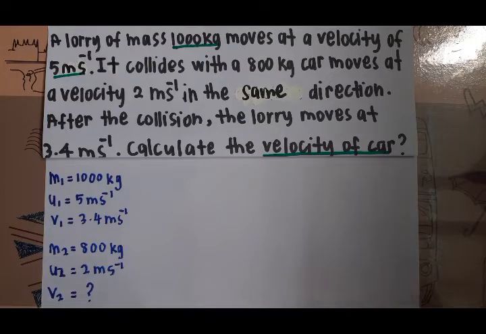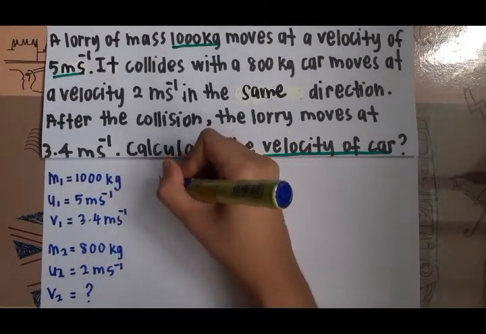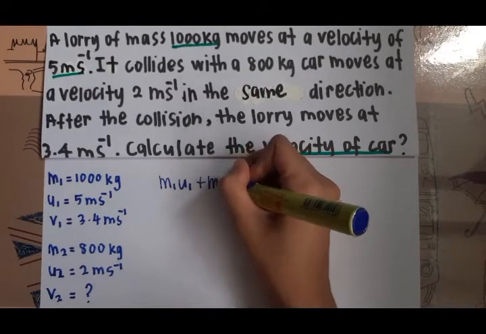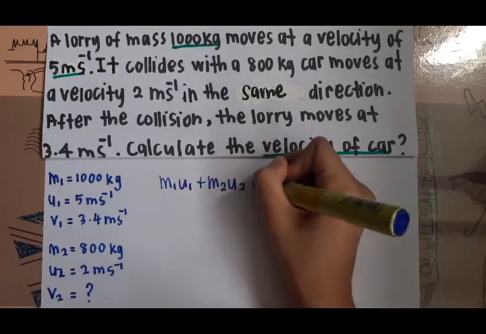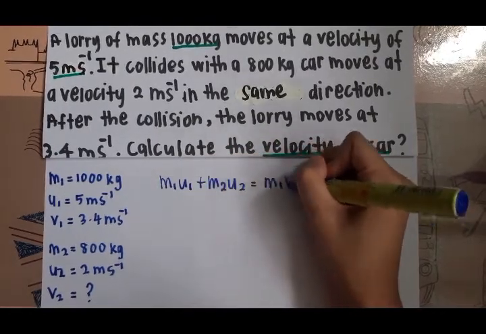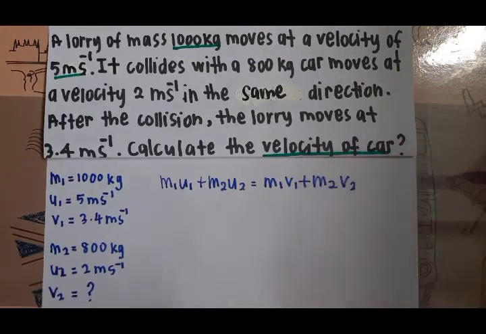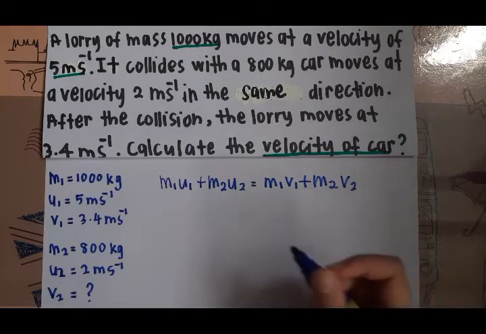By using the formula m1u1 + m2u2 = m1v1 + m2v2, we just need to transfer the information into the formula.